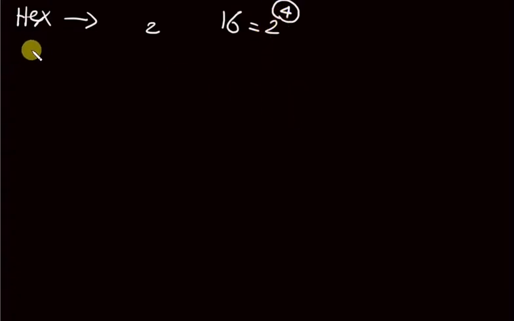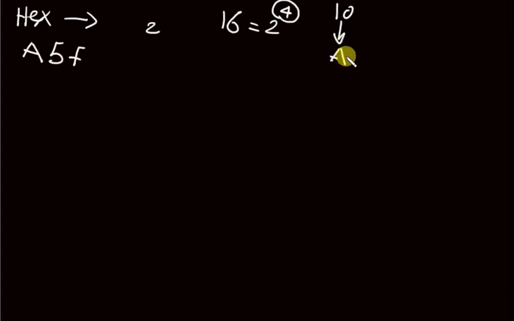If I have a hexadecimal number here like A5F, and I want to convert this to a binary number, let me just put the equal of each of those letters here.